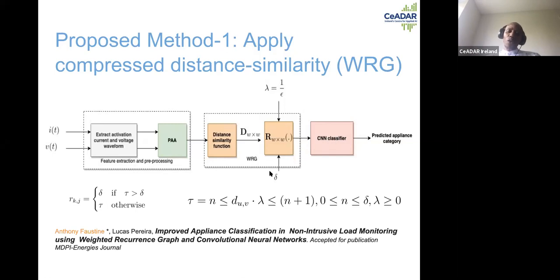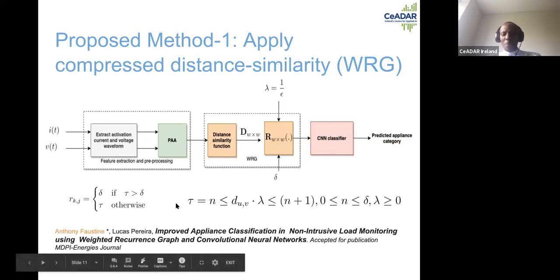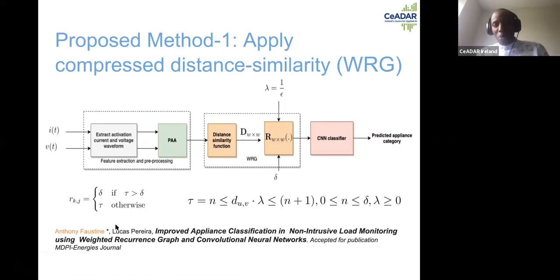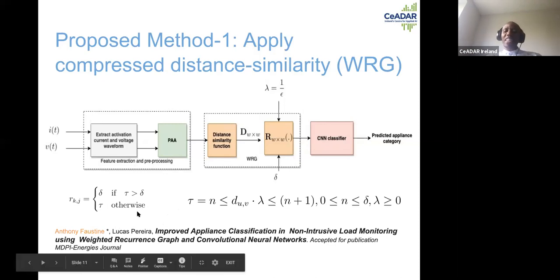And of course, we have applied this approach for appliance classification. We wrote a paper on this, and the paper has been submitted and accepted for publication. And the idea seems to offer good performance, especially in appliance classification.